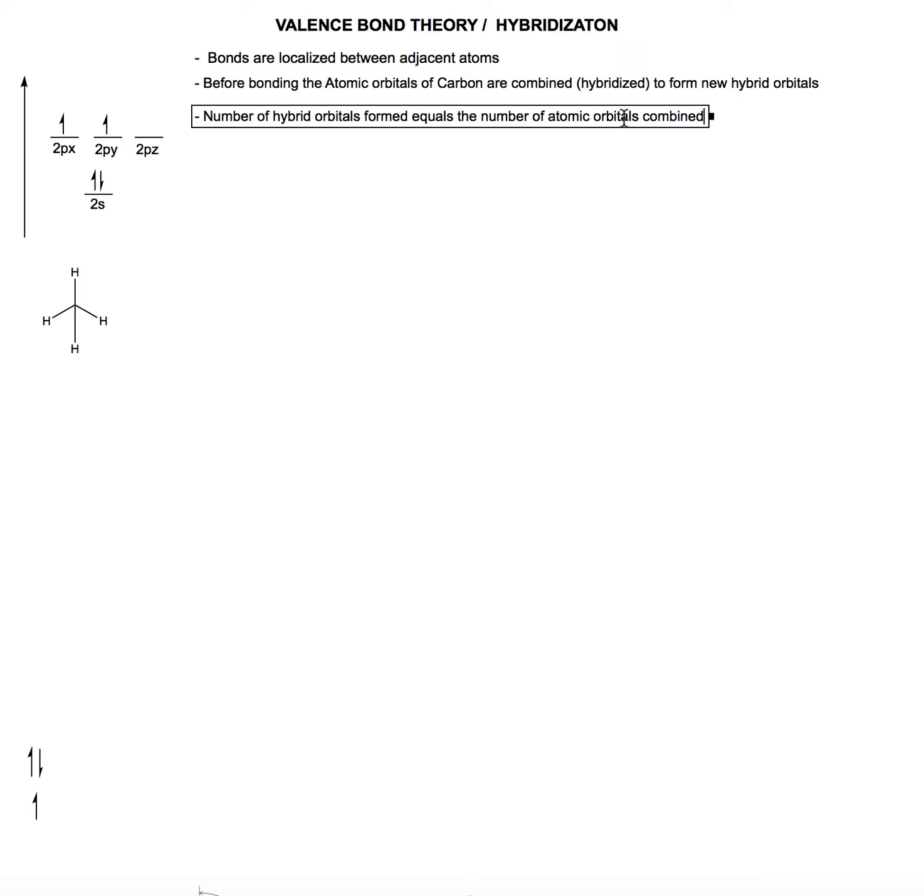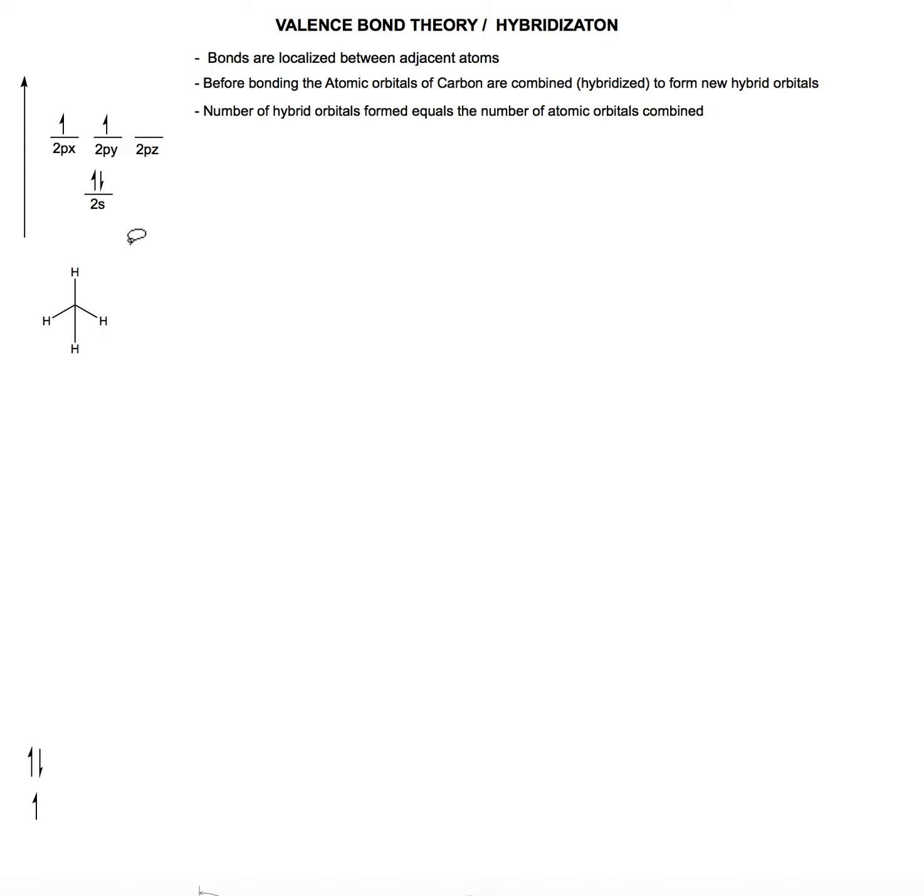So if we combine 4 atomic orbitals, we are expecting to get, obviously, 4 hybrid orbitals. Remember, we have discussed in class a little bit about quantum mechanics, and each of these orbitals is a solution for the Schrodinger equation, so combining them simply means mathematically adding these 4 solutions to create 4 new solutions of these equations, and that's what we call the new hybrid orbitals.